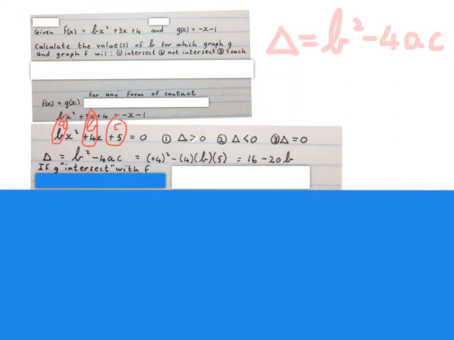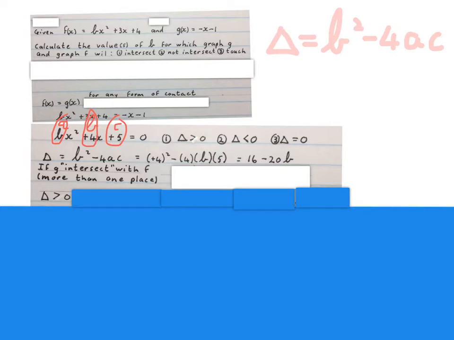The first type of question they can give us is they can say if g intersects with f. In other words, more than one place. We can now work out the value of b. So for the two graphs to intersect, delta has to be bigger than 0. So the 16 minus 20b must be bigger than 0. Now we solve for b.